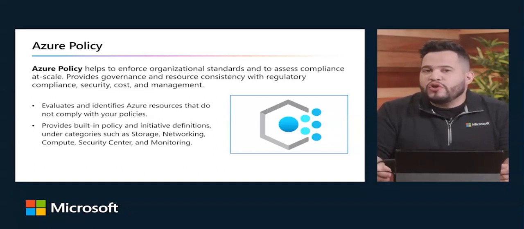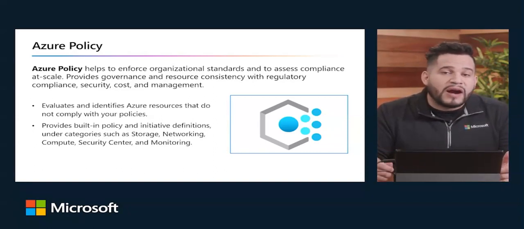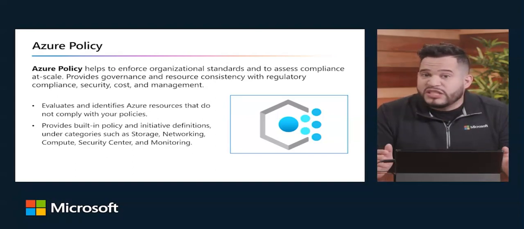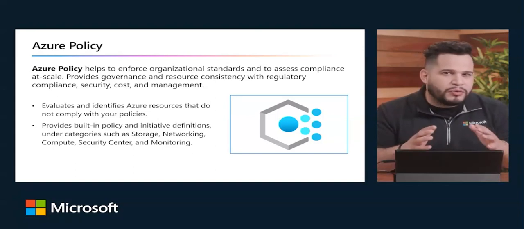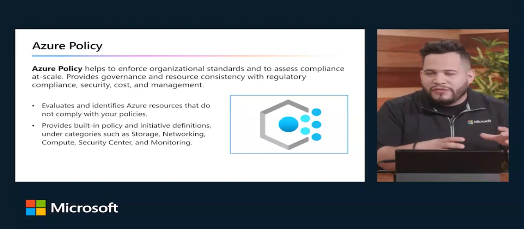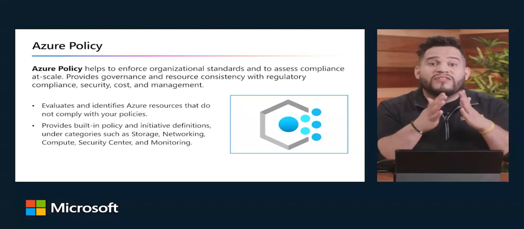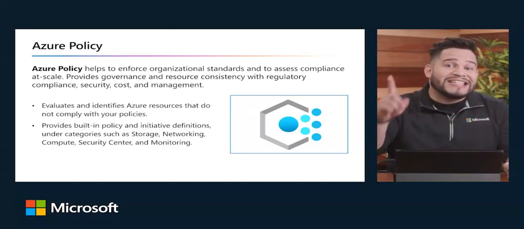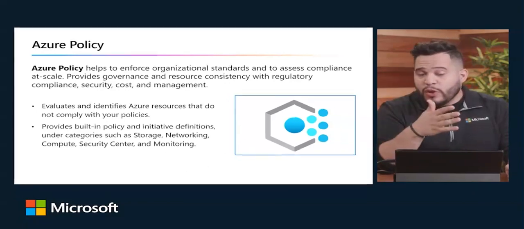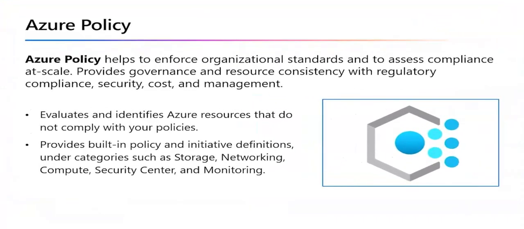However, you still retain full control of your environment. If you have a specific resource that you don't want Azure policy to automatically fix or apply to, well, you can flag that resource as an exception. And this way, the policy won't apply to that resource.